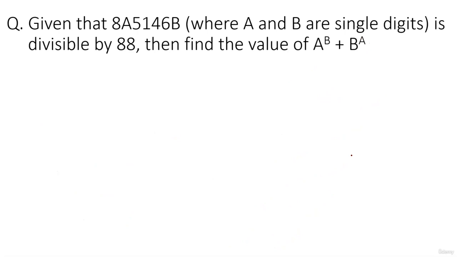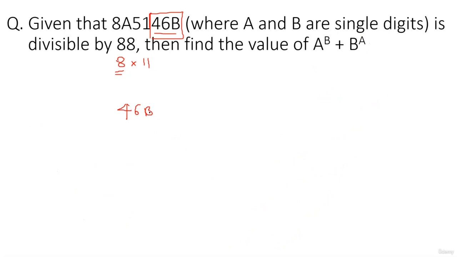The next question: given that 8A5146B, where A and B are single digits, is divisible by 88, find the value of A raised to B plus B raised to A. If this number is divisible by 88, I can split 88 as 8 times 11. Now if the number is divisible by 8, we first look at the last 3 digits, 46B.